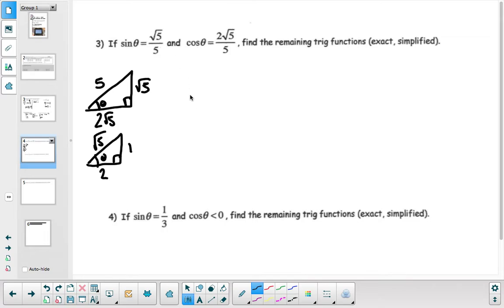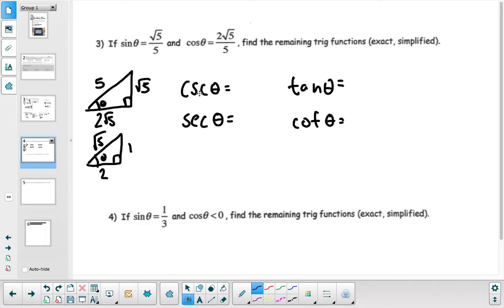We already have sine and cosine, so now we need cosecant, secant, tangent, cotangent. Cosecant and secant are these flipped, or you can go hypotenuse over opposite, hypotenuse over adjacent, and I think that might be easiest to work with this triangle, or again, just flip these.